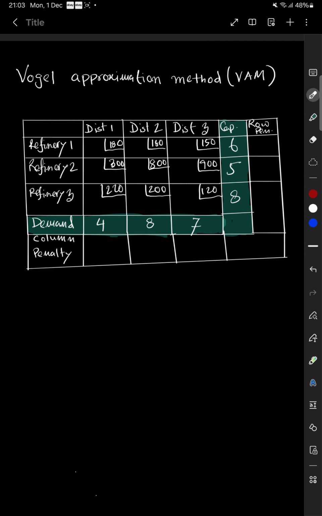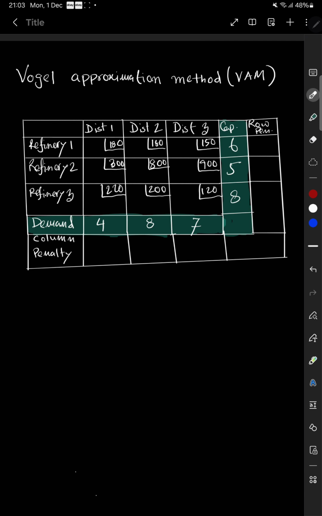So look at the distance, 180, 300, 220. We have to choose the smallest distance, which is 180, and then we have to choose the next value, which is 220.